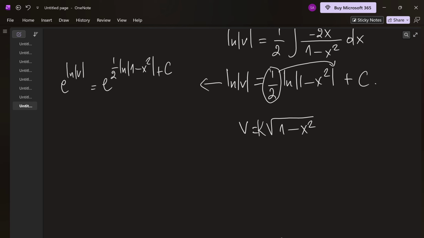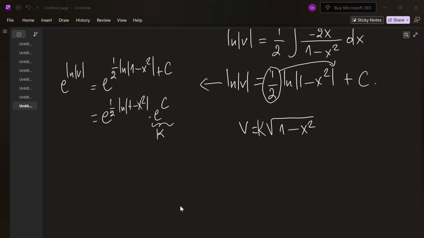And remember, this is equal to the exponential of 1 over 2 ln 1 minus x squared times exponential c. This is k. Okay? So I will continue. The square root is simply when you have 1 minus x squared to the power 1 over 2, which is the square root of 1 minus x squared.